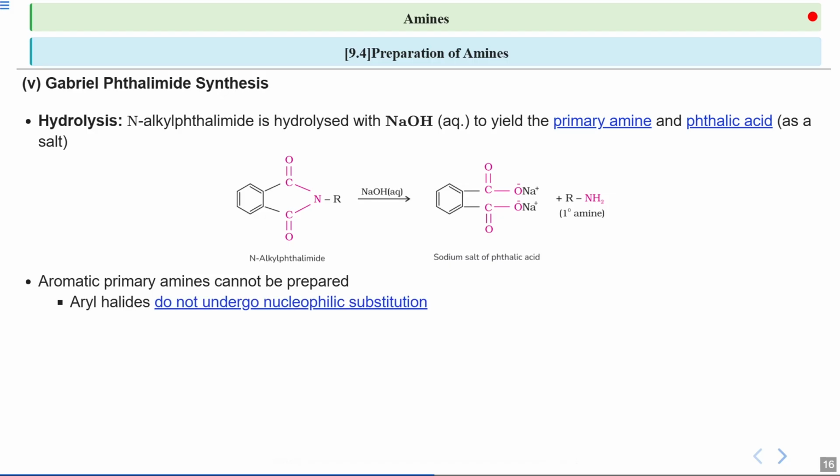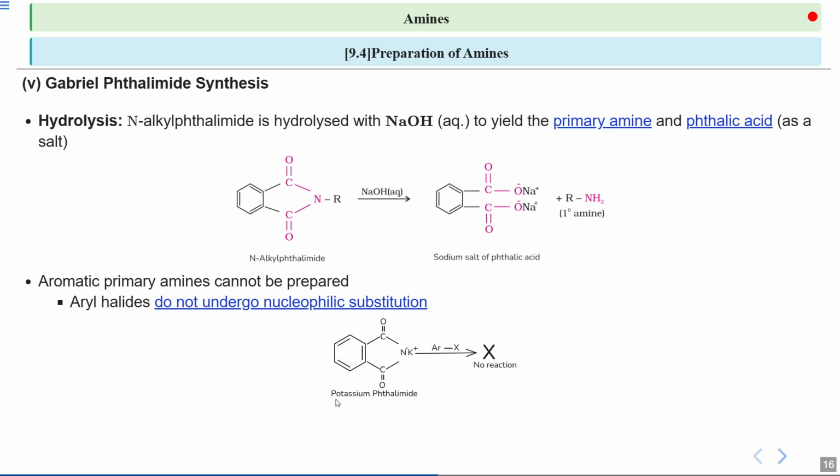The reason for this limitation is that aryl halides, which are needed to make the aromatic amines, do not undergo nucleophilic substitution reactions easily. In other words, the reaction doesn't work because the aromatic ring makes it difficult for the nucleophile to attack and replace the halide, which is needed for this reaction.